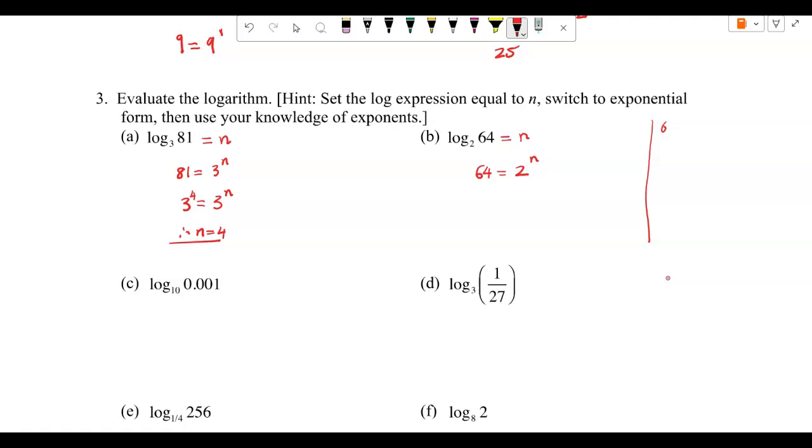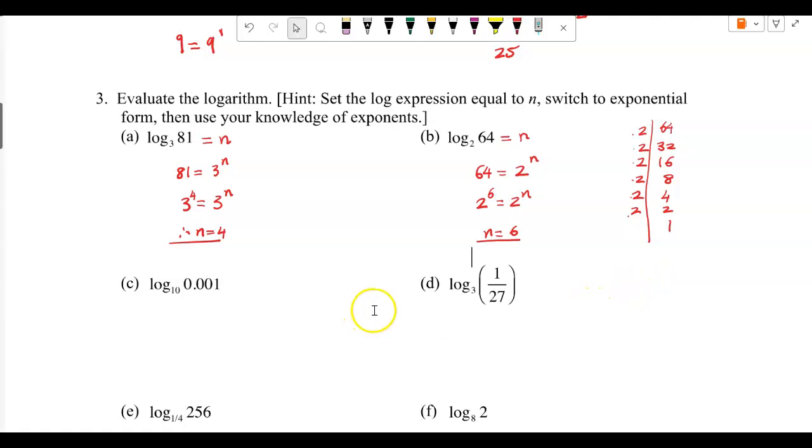No, sorry. So 64, you find the prime factors. 2 3s are 6, 2 2s are 4, 2 16, 2 8s, 2 4, 2 2, 2 1. So how many times? 1, 2, 3, 4, 5, 6. 2 raised to 6 is equal to 2 raised to n. So n is equal to 6.